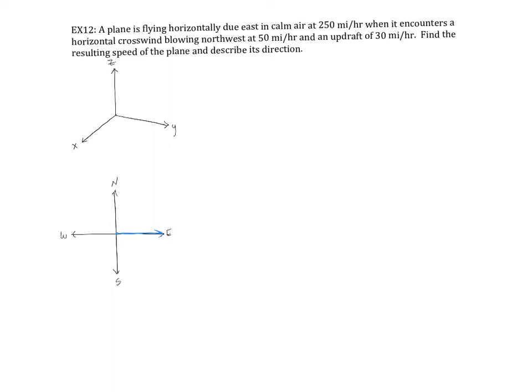So I'm going to go back to my three-dimensional graph and draw my vector that represents the plane. I'm going to label it, and I think I'm just going to use P. So P is going to be the plane, and now remember this plane encounters some wind.